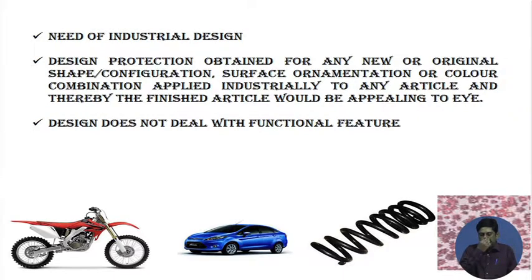If you convert that statue into an article, let's say a table lamp, and you are selling the table lamp, not the statue, and the table lamp has an aesthetic look that has come from that statue of male and female dancing figures, then who is the owner of copyright with reference to the statue, and who will be able to enforce his right in respect of that table lamp?